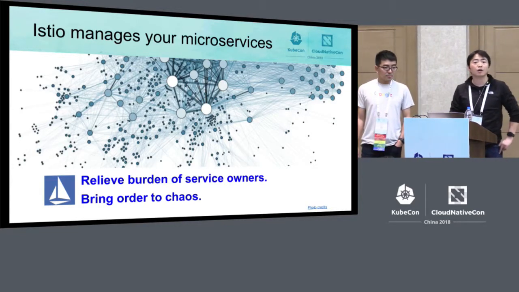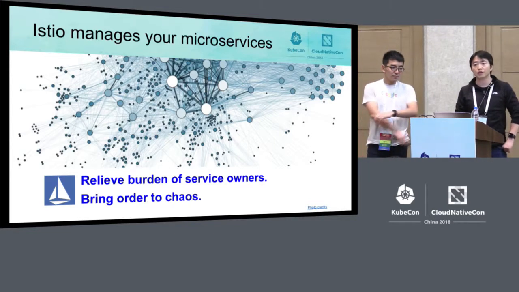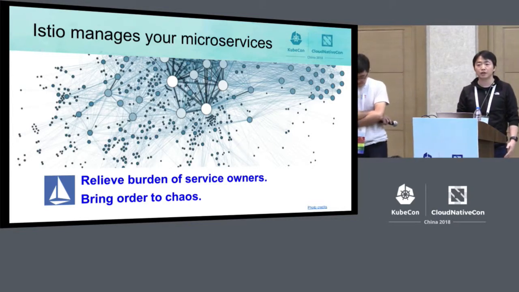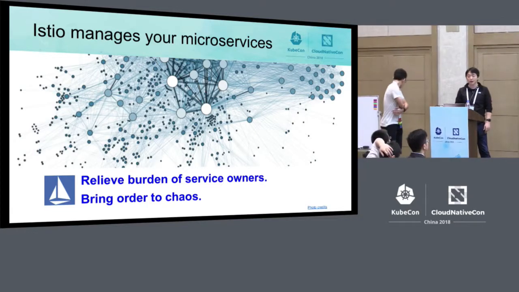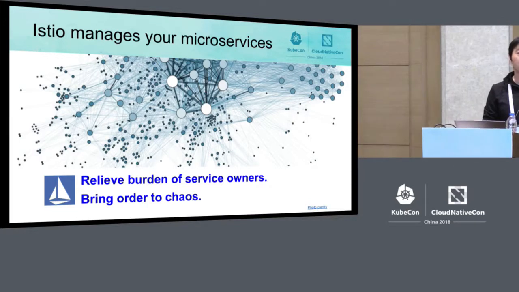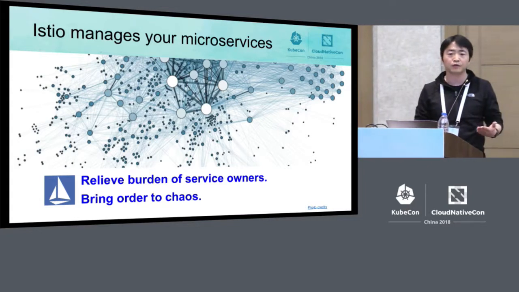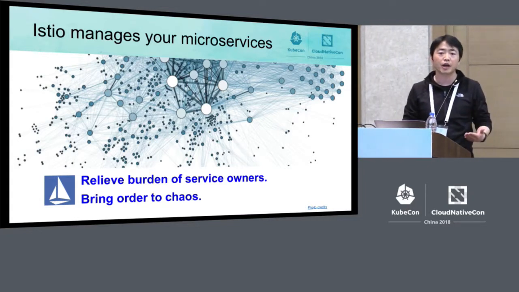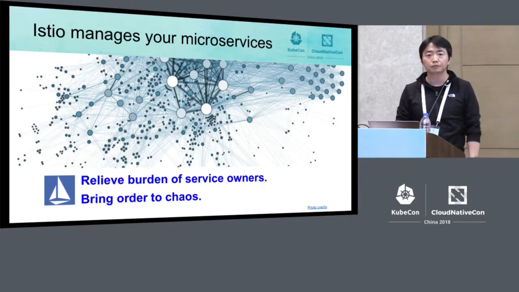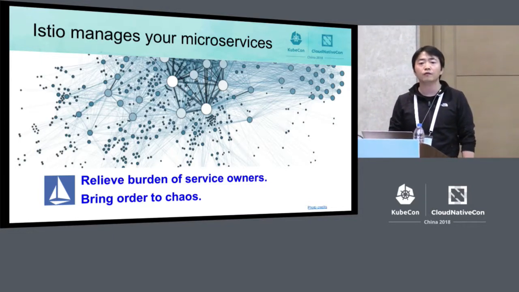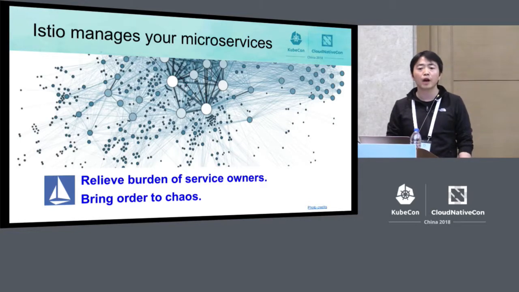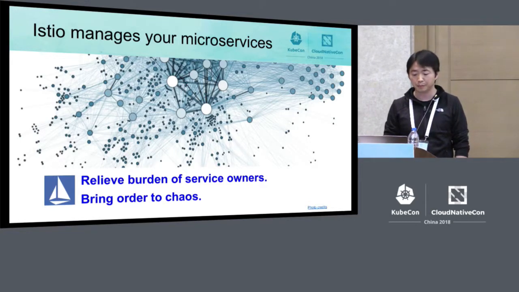When the number of services increases, it becomes more and more complicated, and sometimes very messy. If there is a configuration error, it may cause service disruption or a security loophole. So Google invented Istio to help users manage their microservices.